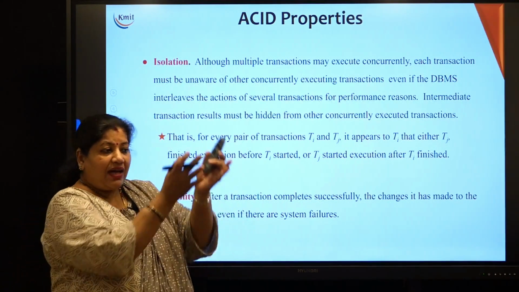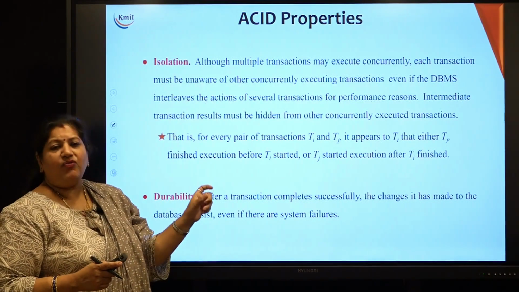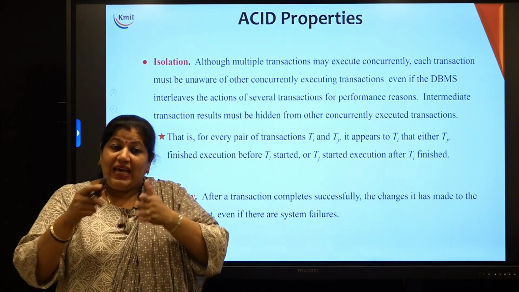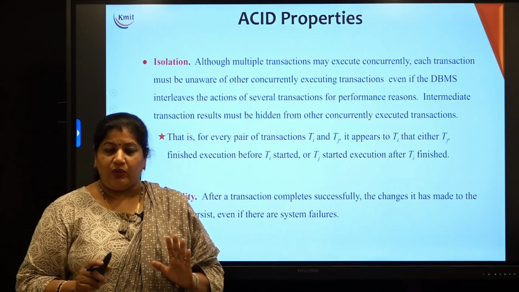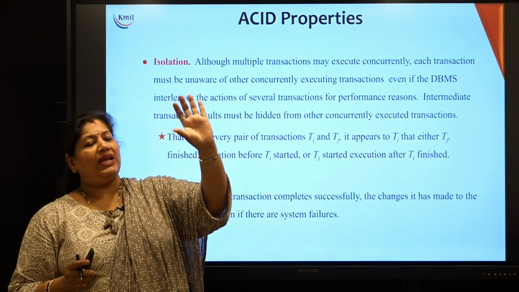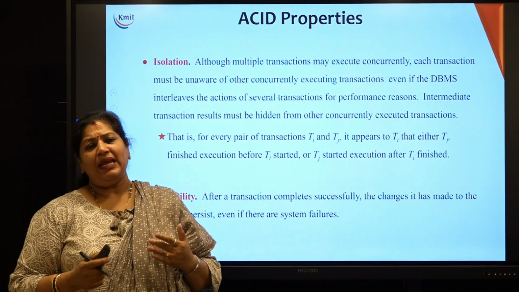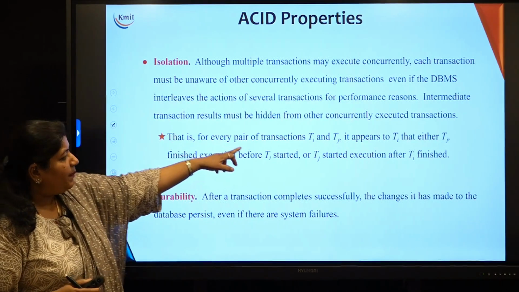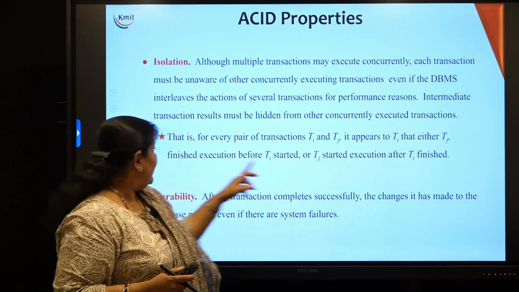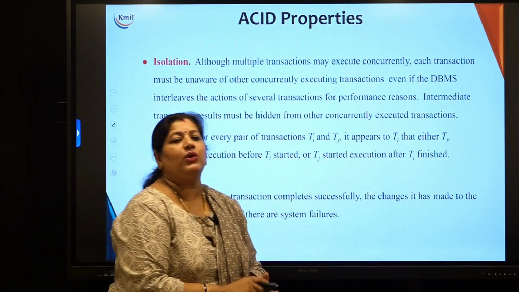But where the data is not affected, you will see to it that they are done in such a way that it feels as if the set of operations, or if there are two transactions T1 and T2, though they are executed in an interleaved fashion, the effect would be such that you are executing T1 as a whole followed by T2, or T2 as a whole followed by T1. So, for every pair of transactions Ti and Tj, it appears to Ti that either Tj finished execution before Ti started, or Tj started execution after Ti finished.